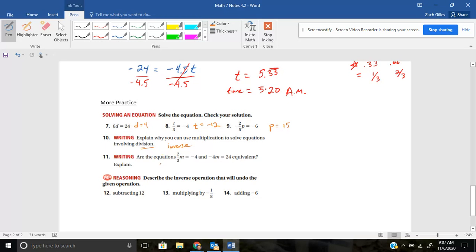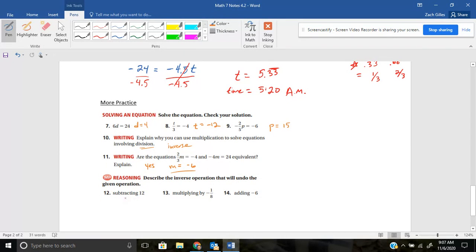Okay. Number 11 says, are the equations -2/3 m equals 4 and -4m equals 24 equivalent, and explain. You should get yes, they are equivalent, because when you solve them, m is equal to -6 in both of these equations. And then lastly, describe the inverse operation that will undo the given.